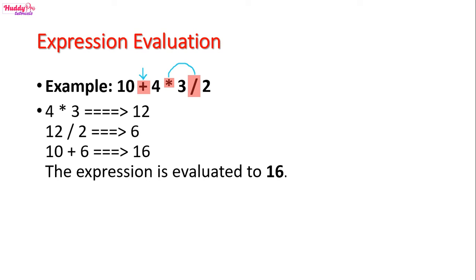So what do we do? Now as multiplication and division have the same precedence, they are evaluated based on the associativity. And here, if you go back to our table, the associativity of multiplication and division is left to right.